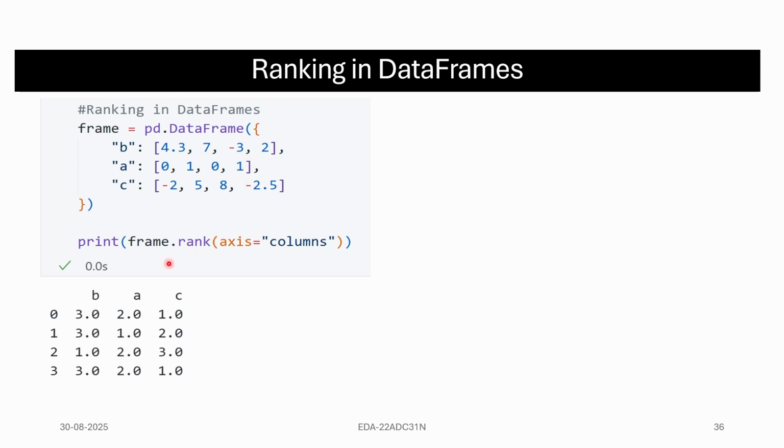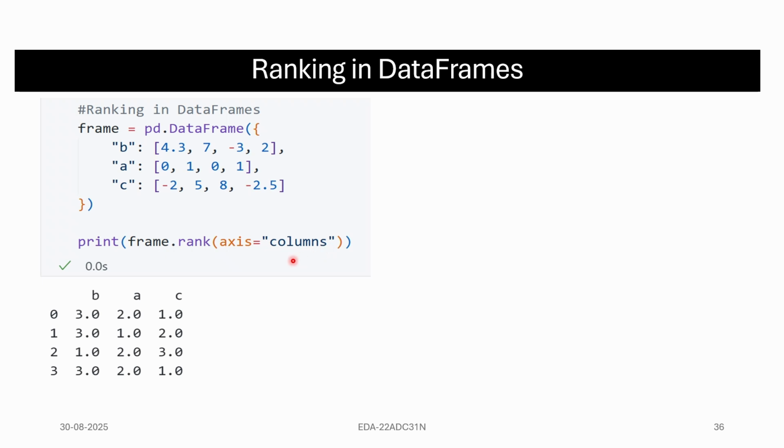If you apply frame.rank here with axis equal to columns, axis equal to columns means it is going to give the ranking across the rows. Remember, axis equal to columns and axis equal to 1 are both the same. To avoid confusion, so far I didn't use axis equal to columns.